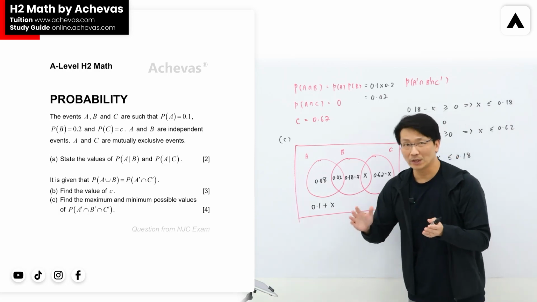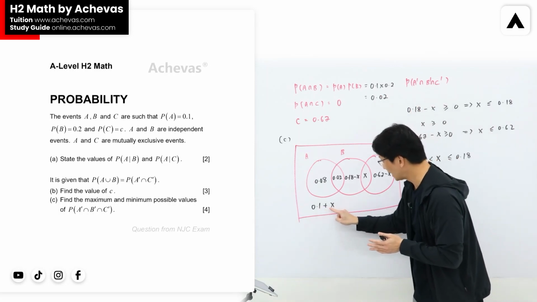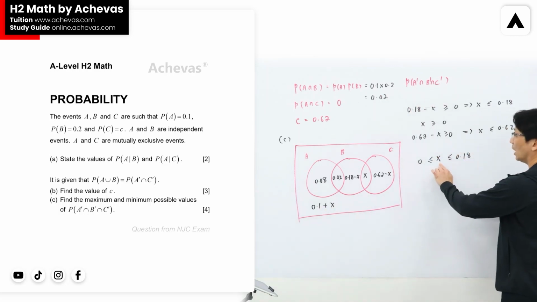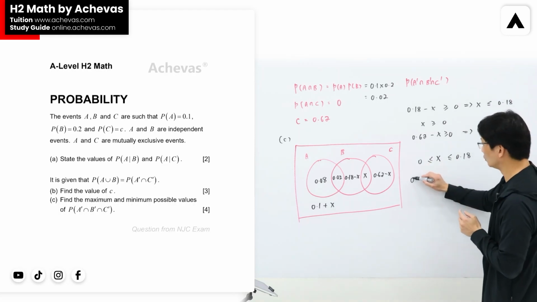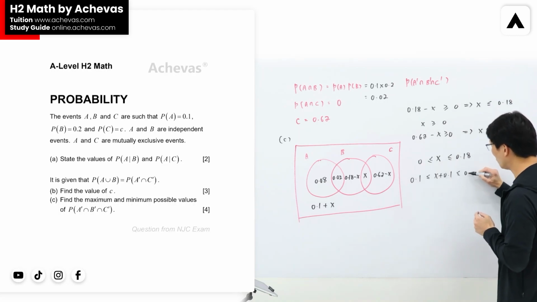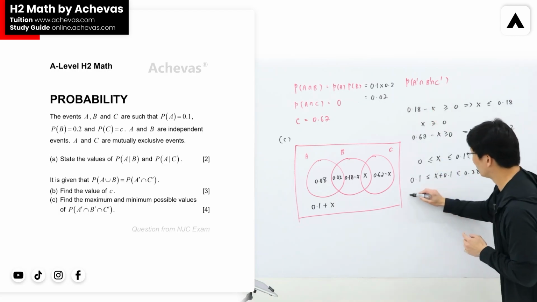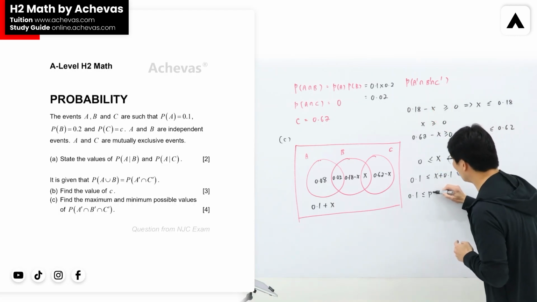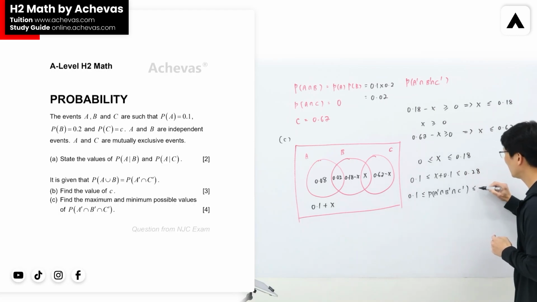And since the probability of A prime intersect B prime intersect C prime is equal to 0.1 plus X, I'll just do addition of 0.1 to each of these terms. I will get 0.1, X plus 0.1, and this is 0.28. And since this is represented by this, I'm going to rewrite this to be the probability of A prime intersect B prime intersect C prime.